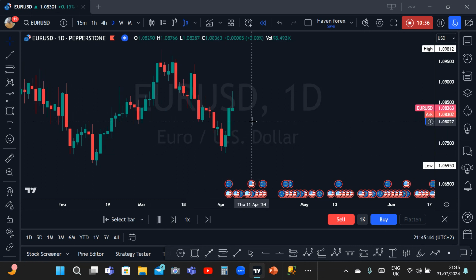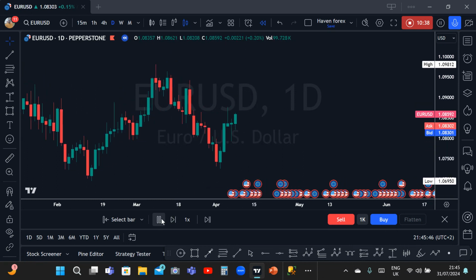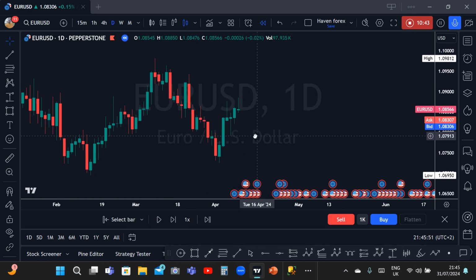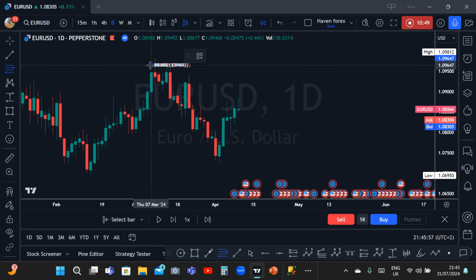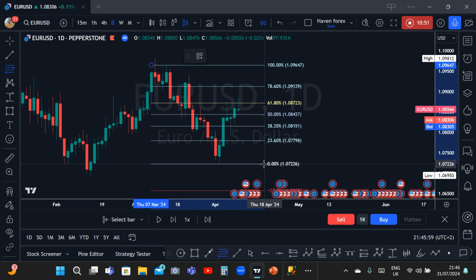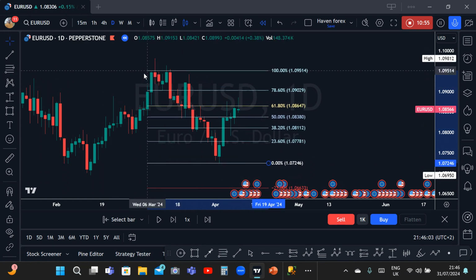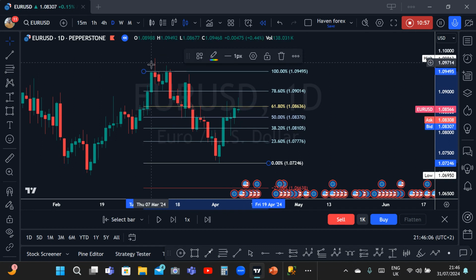By the time it starts to turn like this, let's say you woke up and you see price like this, what you need to do is bring out your fib tool. Start from here, plot your fib. From here where it ends, you see this place, it found a resistance here. Now it's not coming down. By the time it gets here, you see it's making a pullback. So all you need to do is bring out your fib.